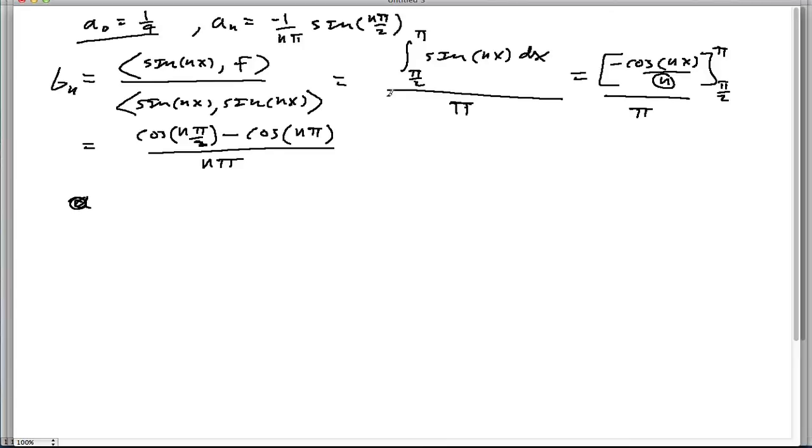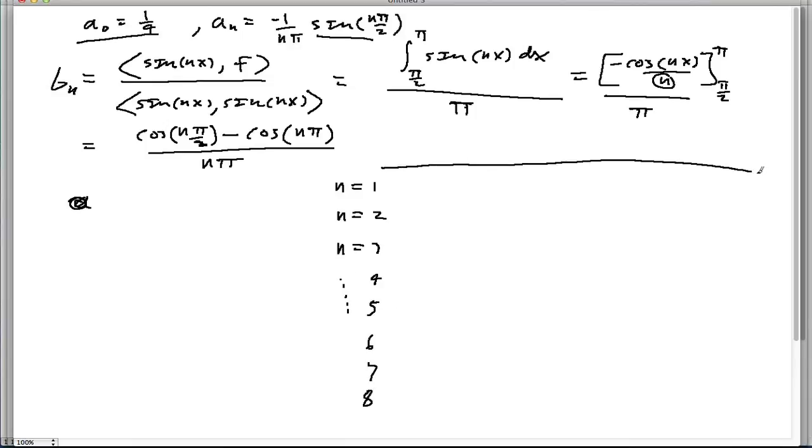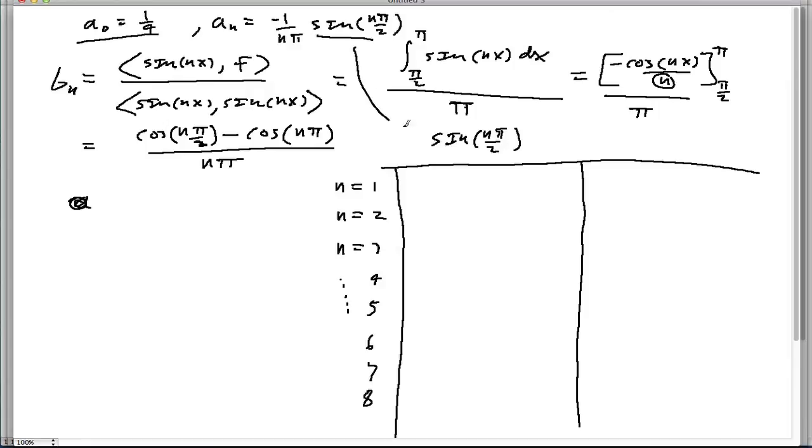I'm going to take n equal to 1, 2, 3, and so on, 4, 5, 6, 7, 8. We're also going to make a table where we have just the sine term, sine of n pi over 2, and the cosine of n pi over 2 minus cosine of n pi. I just want to get a sense for what this looks like.